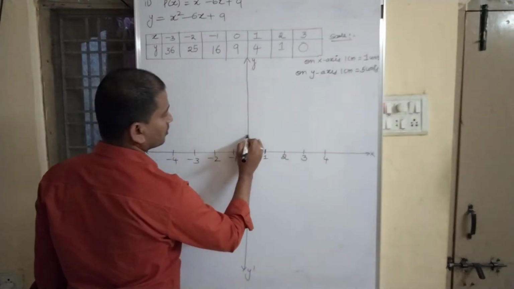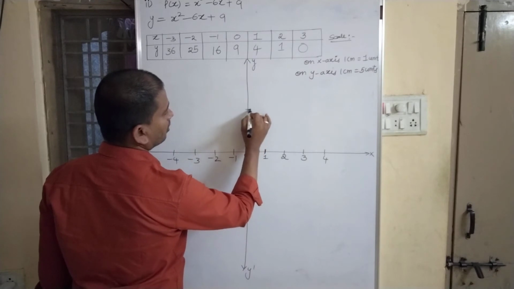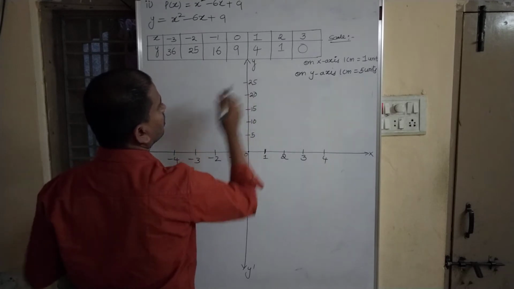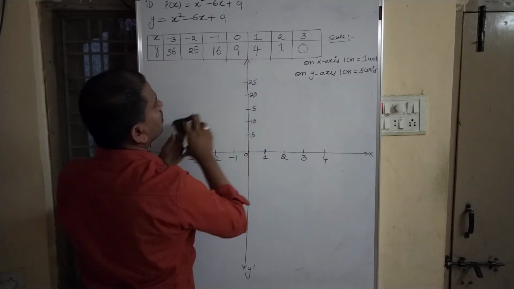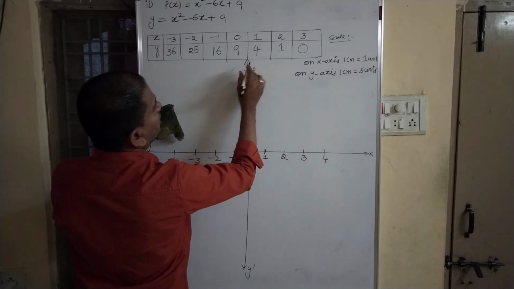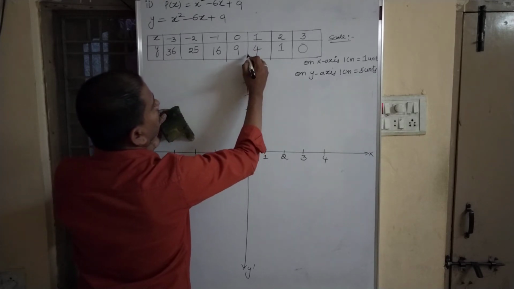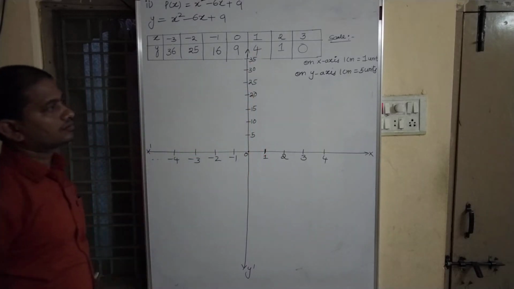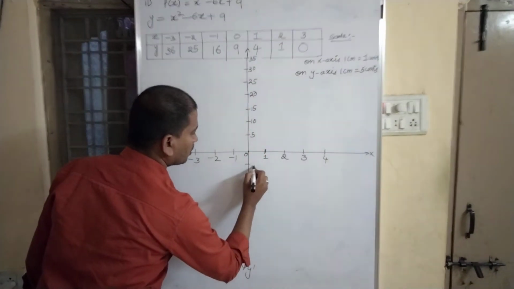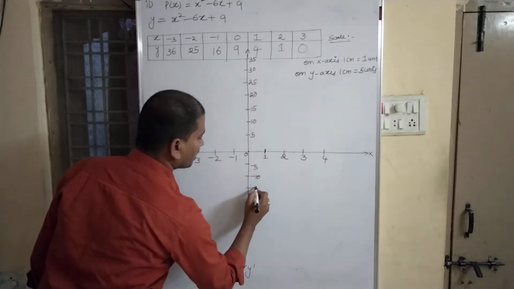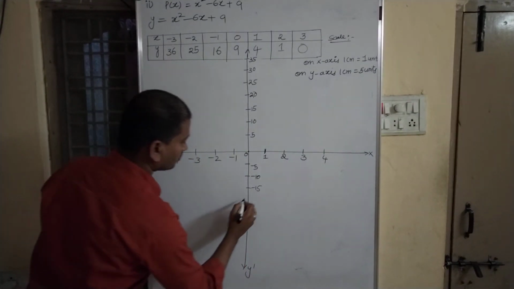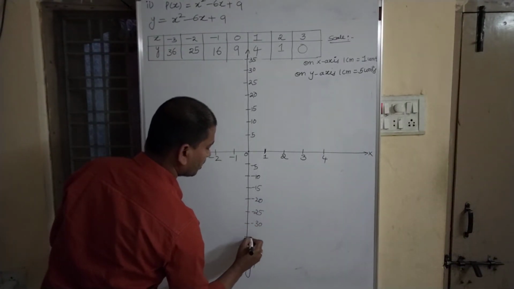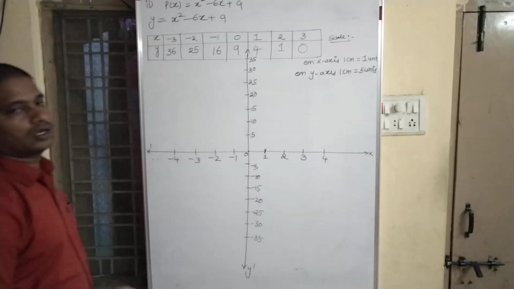That is 5, 10, 15, 20, 25, 30, 35, and so on. And below the 0, minus 5, minus 10, minus 15, minus 20, minus 25, minus 30, minus 35, and so on.